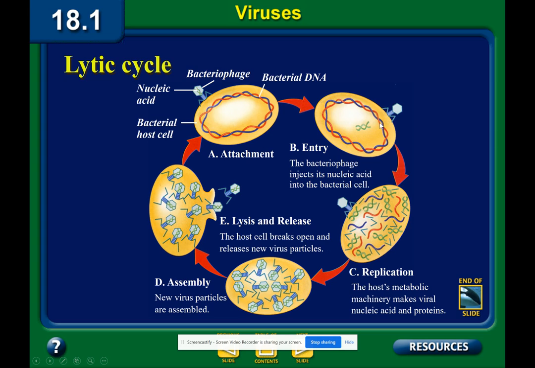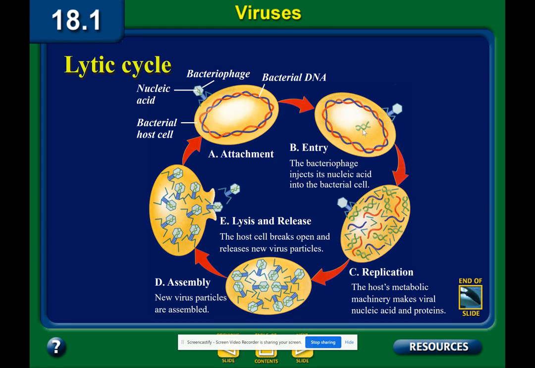Once it's injected its nucleic acid into the host cell, this is now the second step. We call this entry. This is where things really start to happen for both the virus and, unfortunately, the host cell. Because at this point, the viral nucleic acid basically comes in and sets up shop and says, I don't care what you were doing before, you're going to stop, and now you're working for me.